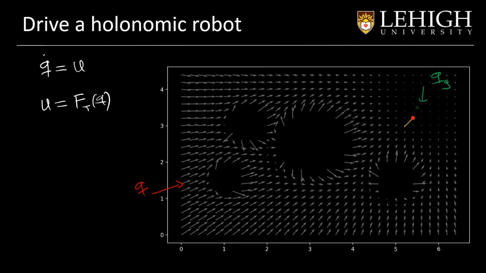We can see how the robot tried to avoid the obstacles, and in this case it is slowed down because the magnitude of the force is very low, but still the direction makes the robot go through the obstacles and finally reach the goal.